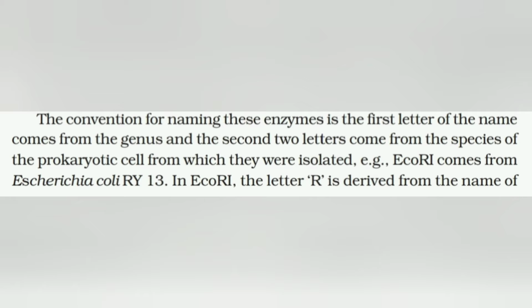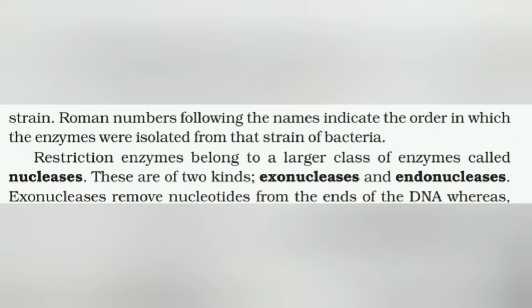Example, EcoRI, that is, it comes from Escherichia coli RY13 strain. In EcoRI, the letter R is derived from the name of strain, and the Roman numbers following the name indicate the order in which the enzymes were isolated from the strain of the bacteria.